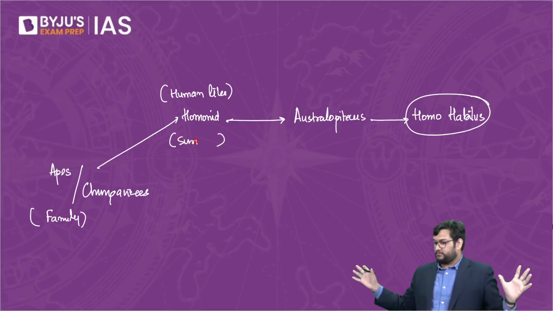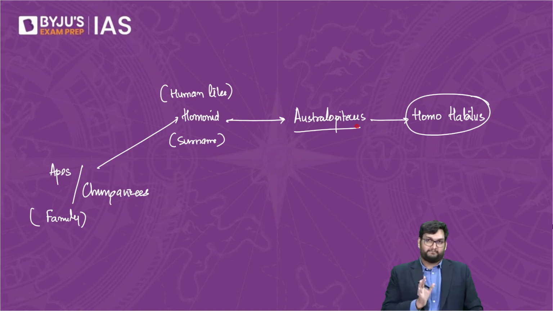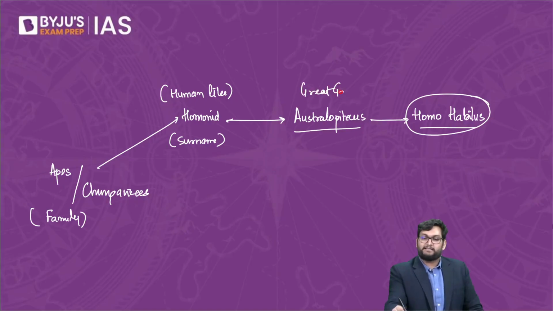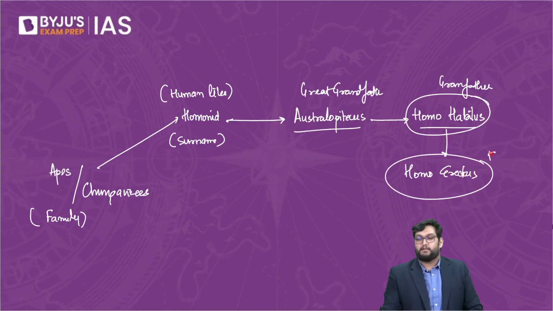This is your great-grandfather or grandfather. This is your father. Or this is your great-grandfather, and this is your grandfather. And then will come your father called Homo erectus. And then you come out of it, called Homo sapien.